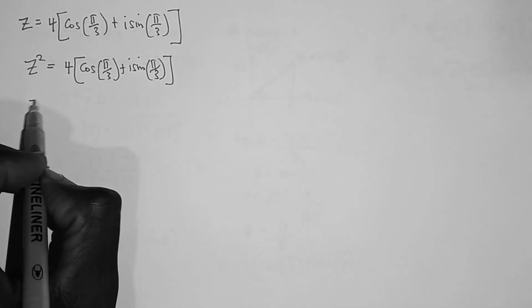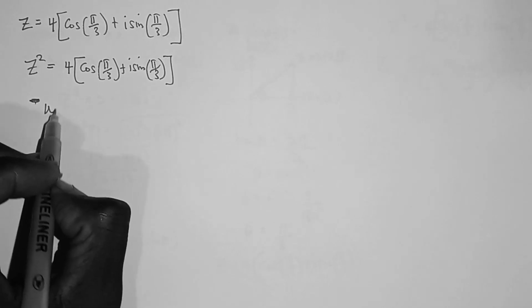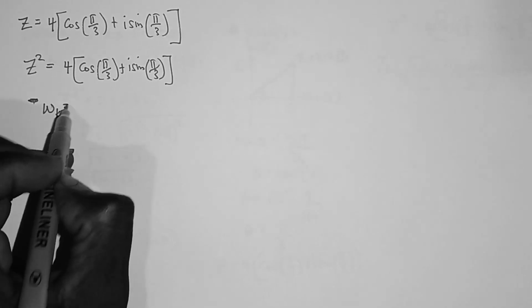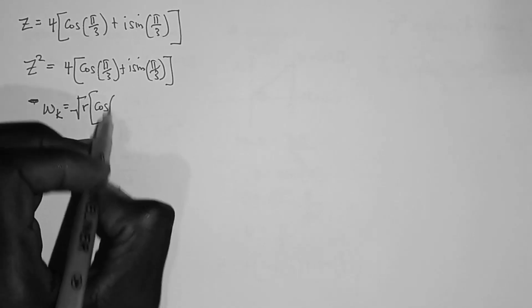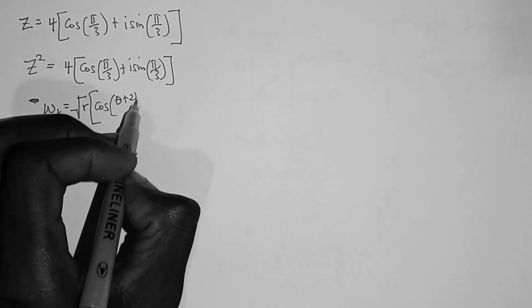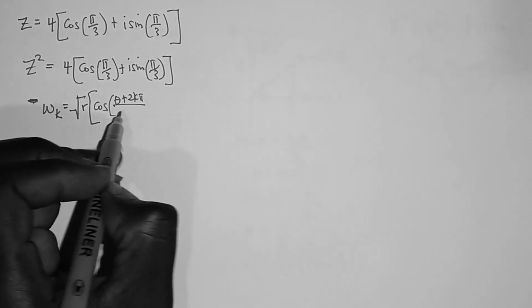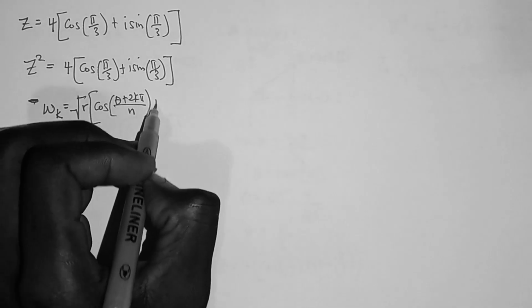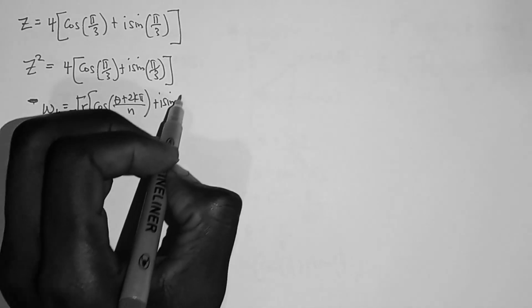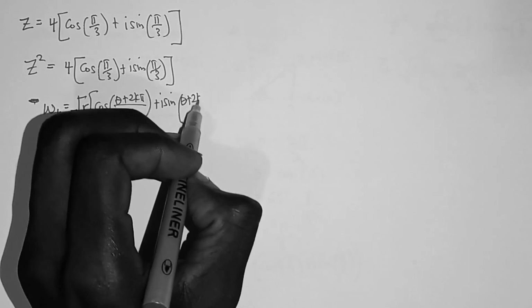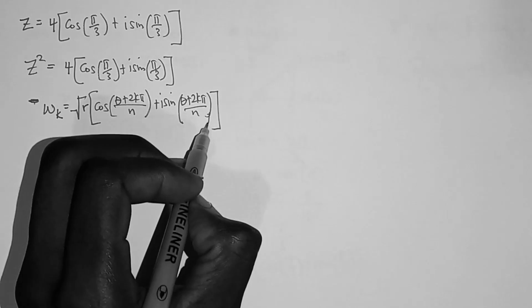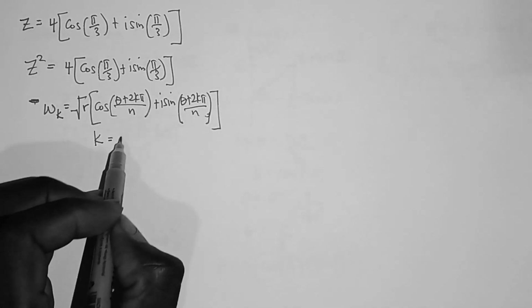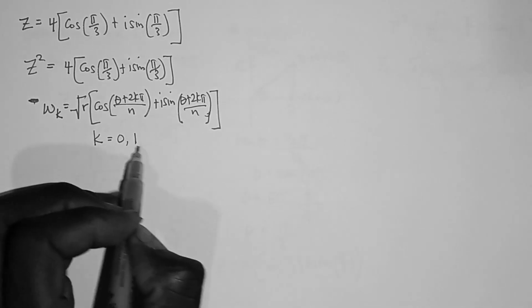But remember that we said the root of a complex number, wk, is given as the nth root of r times cos into bracket theta plus 2k pi divided by n, then plus i sine into bracket theta plus 2k pi divided by n, bracket close, where n is the square, and then k goes from 0, 1 to n minus 1.